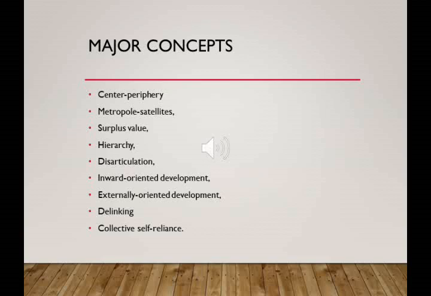Then the concept of disarticulation is very important. Countries of the center have integrated sectors of the economy. So the production of petroleum in the United States serves primarily the interests of American industry. U.S. agriculture serves primarily American agro-industries.